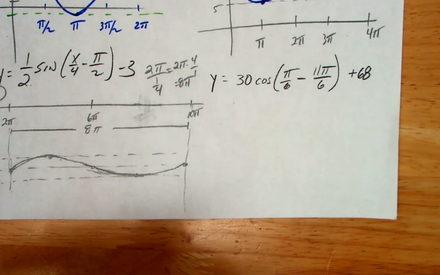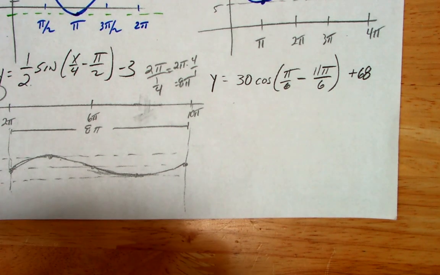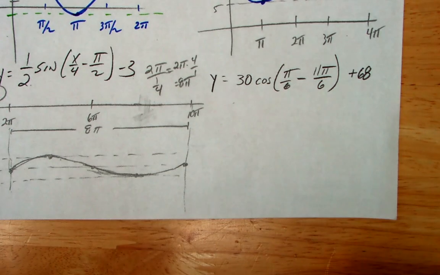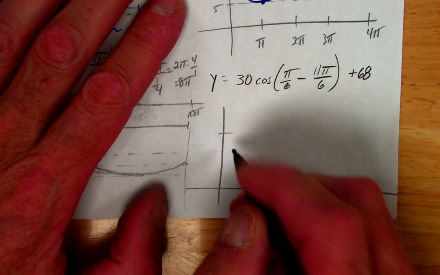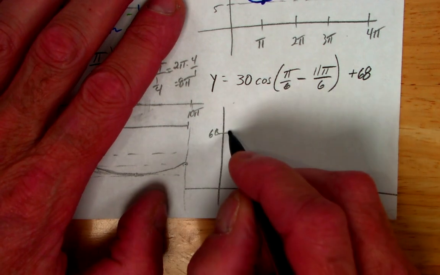So, this one. 68. And then from there it goes up 30, down 30. Gee, I wonder what I'm thinking about. I'm thinking about temperature. It's not necessarily going to be of this location. Okay? So we're going to go 68 right here.